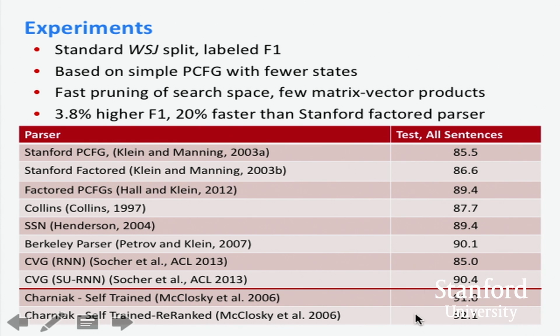I mean, there are some better parsing numbers where people have done various kinds of self-training and data augmentation, and actually there are some more recent results since 2013 that I don't show in this slide. But nevertheless, this proved a successful way to build a more semantically sensitive parser.